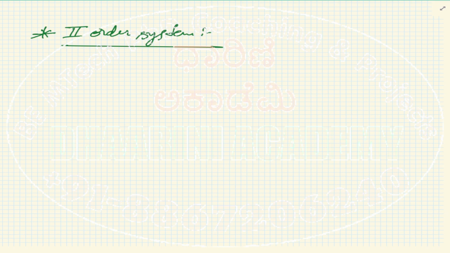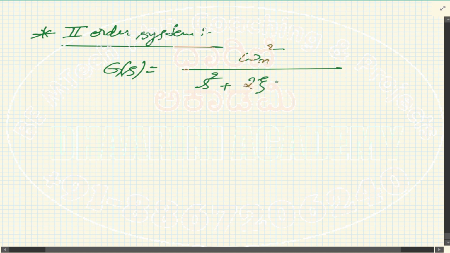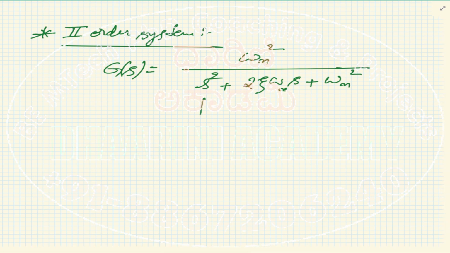Okay. Then we will write the transfer function. Say the G of s looks like omega n squared divided by s squared plus 2 times zeta omega n into s plus omega n square. This is the format because the denominator has highest power s square. Okay, this is the standard equation.